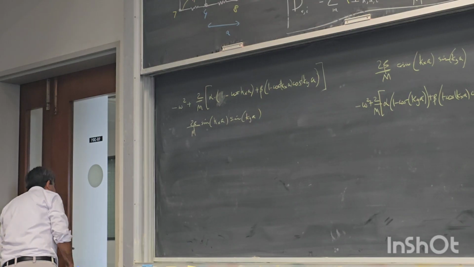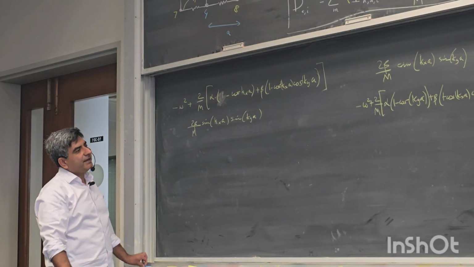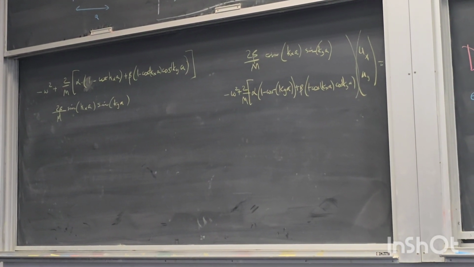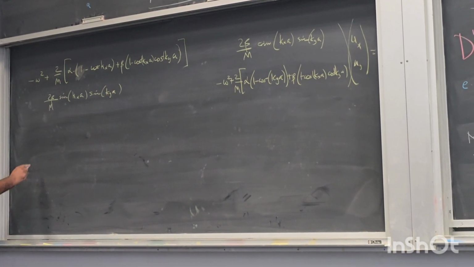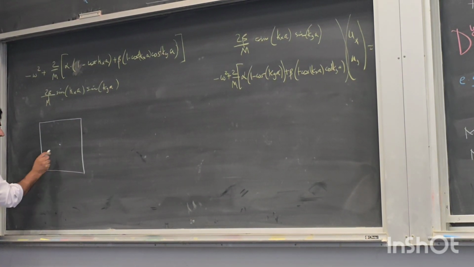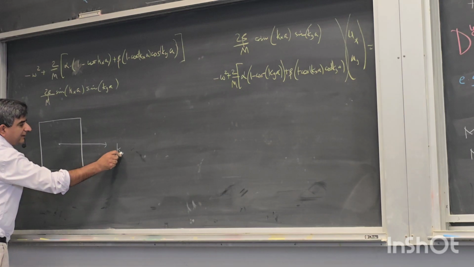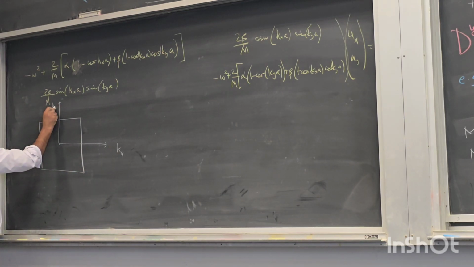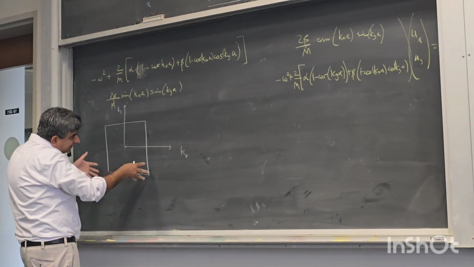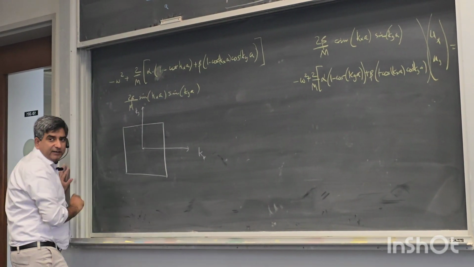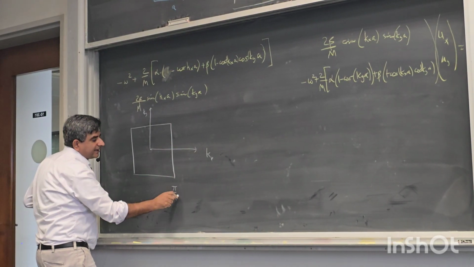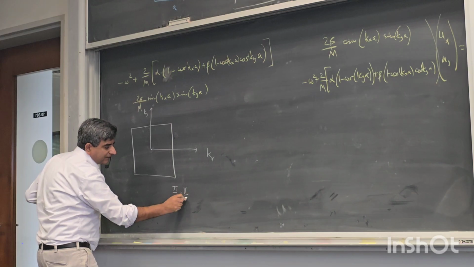So if I look at my reciprocal space, this is my origin of the reciprocal space. I have a kx direction and a ky direction. I know that this is the first Brillouin zone, so this point here must be pi over a for kx and ky is minus pi over a.